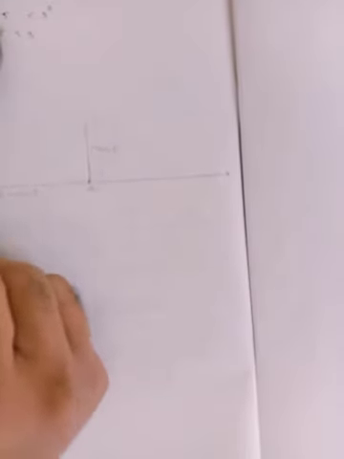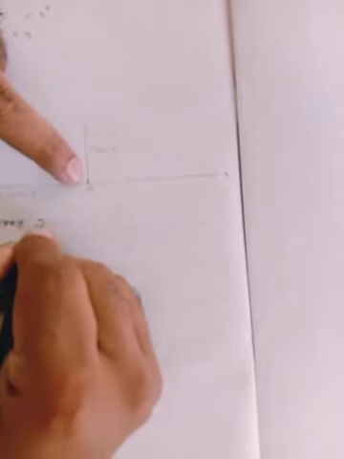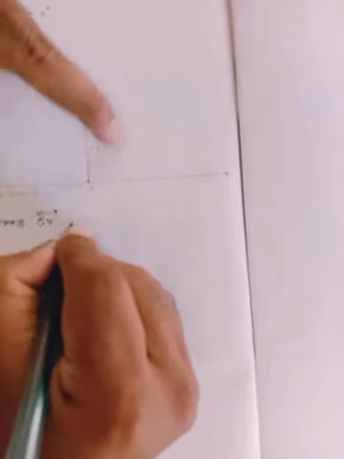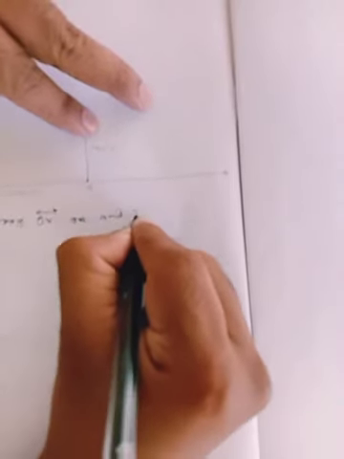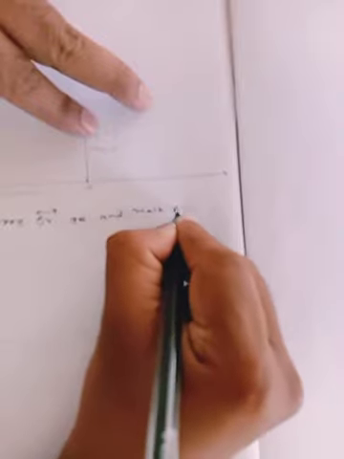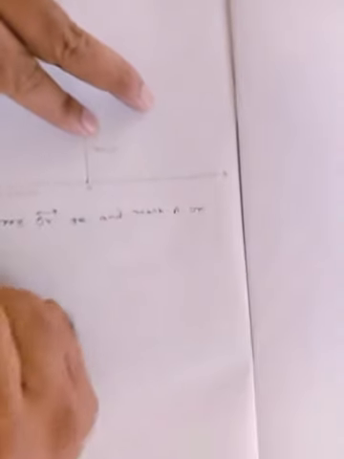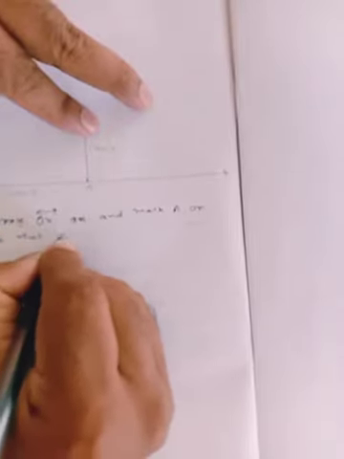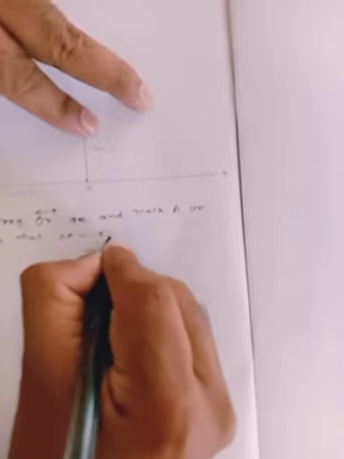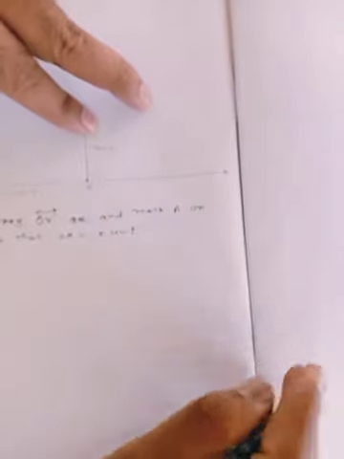So here we will write: draw ray or line OX, and mark A on it such that OA equals 2 units. Now OA equals 2 units.